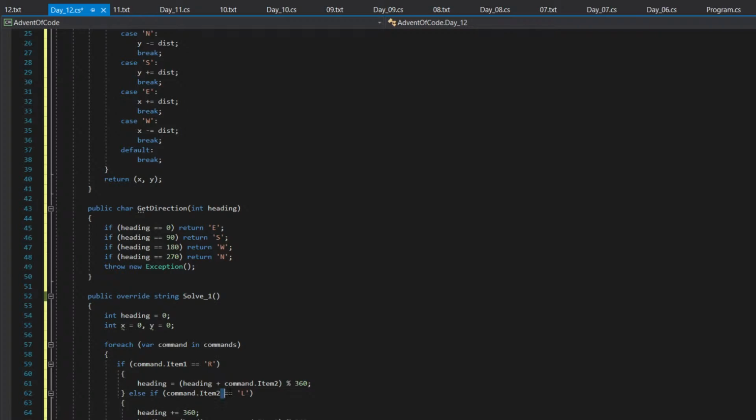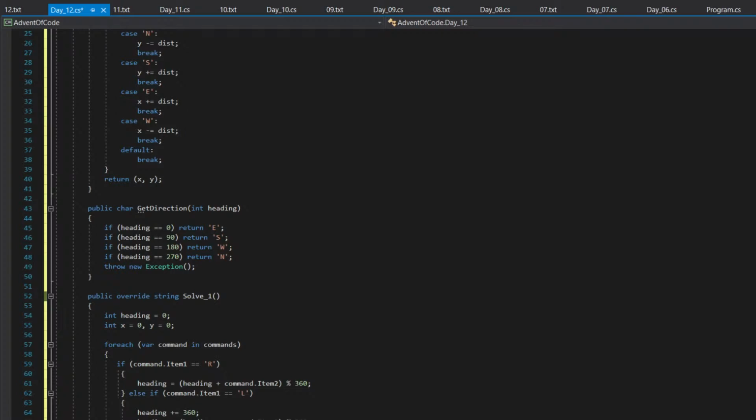I see you saying item 2 up there. If item 1 equals F, then we are going to, let's see, xy equals move xy, get direction of heading, and command.item 2. It's a bit confusing, but it is what it is.